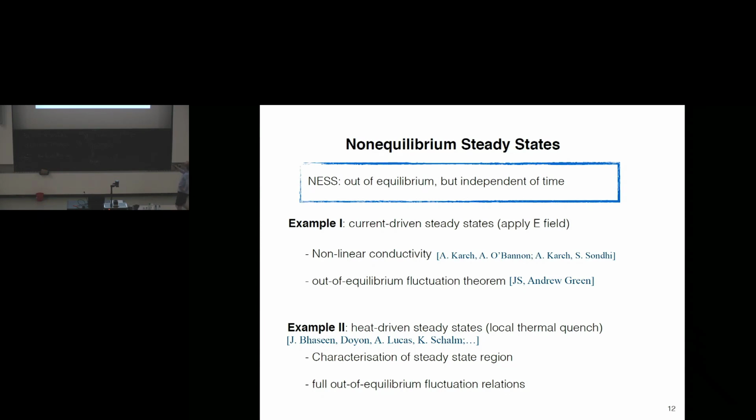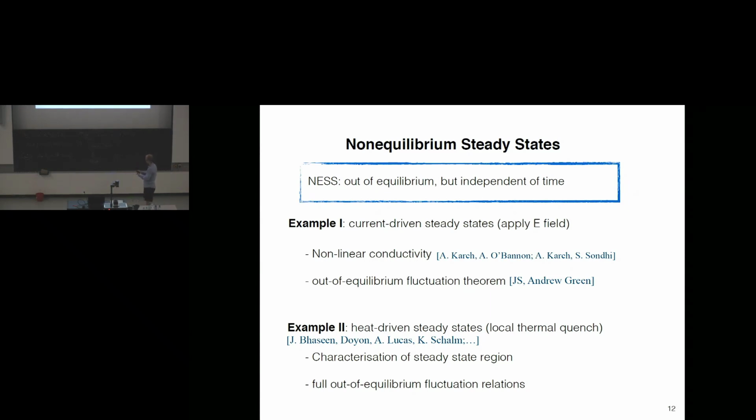So this was a current-driven steady state. You can also think about something like a heat-driven steady state. Again, some of the authors are in the audience. Essentially what was done here is you take two reservoirs at two different temperatures, so two CFTs at two different temperatures, you put them together, and you then ask what happens as a function of time.